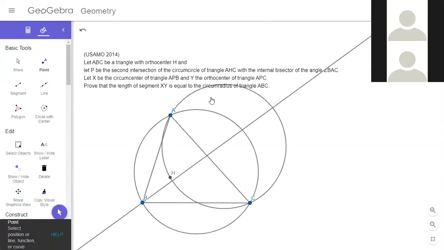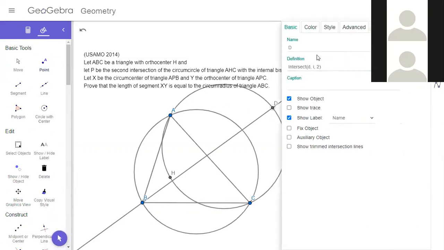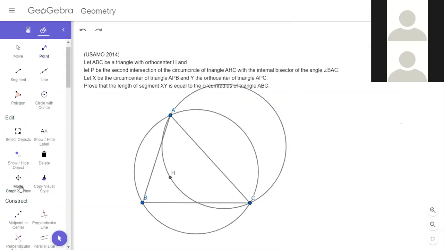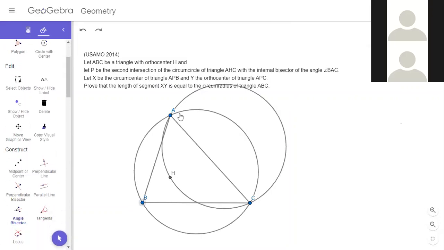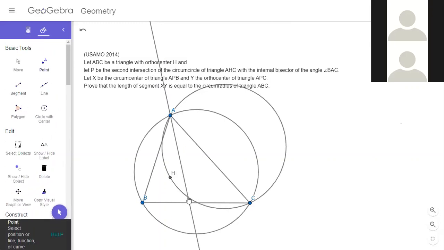The two circles are reflections across AC. So we call this P. Wait, let P be the second intersection of... well, what is the second intersection, right? Oh, BAC. I'm sorry. So yeah, P is this point.